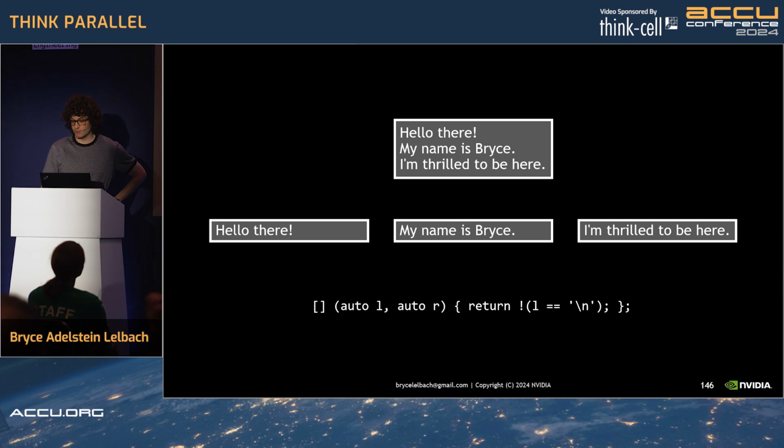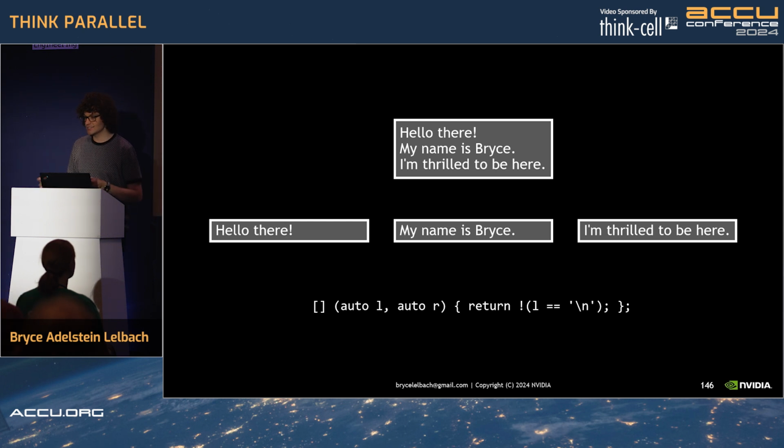It splits the input range into subranges in between each pair of adjacent elements for which the comparison operation returns false. So its output is a range of subranges. So in the example shown here, we have text with new lines at the end, and an operation that returns true if the left-hand side is not a new line. So this will split the text into individual lines, each one terminated with a new line.